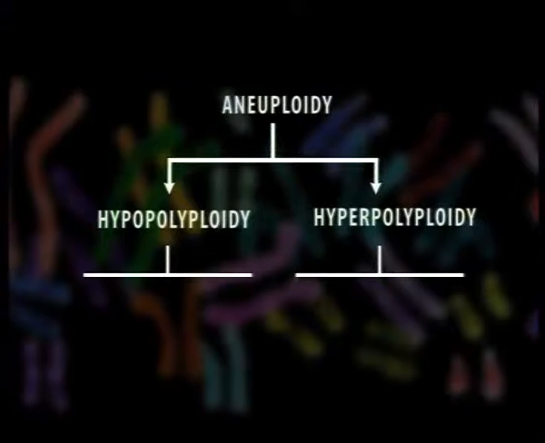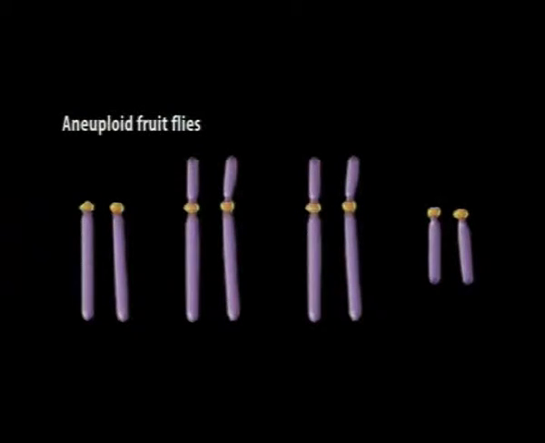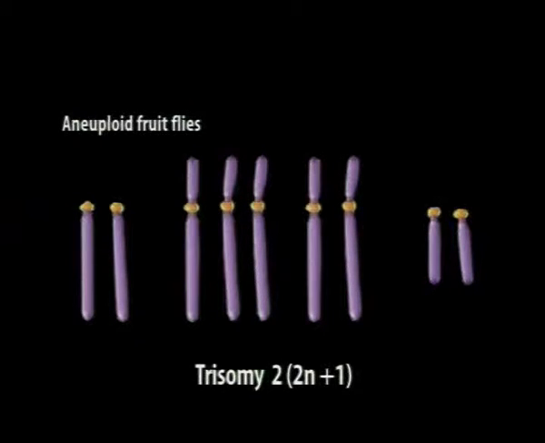Then we have hyperploidy, which means increase in one or few chromosomes from the basic set. It has two types, trisomy and tetrasomy. Trisomy is a condition where there is one extra chromosome, designated 2n plus 1, and this extra chromosome can belong to any of the pairs.